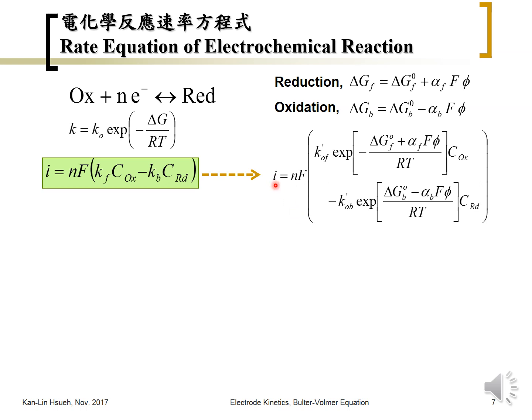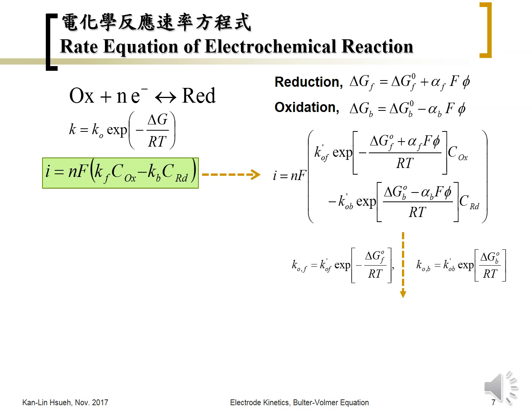This indicates that the current density will be a function of electrode potential. This equation we can reduce by combining, because this is at an equilibrium condition. This is a constant, independent of electrode potential. So we can combine this term and this one into a new constant, and this term make it a new constant. Then we become like this.